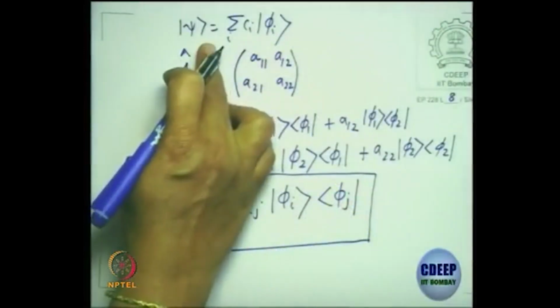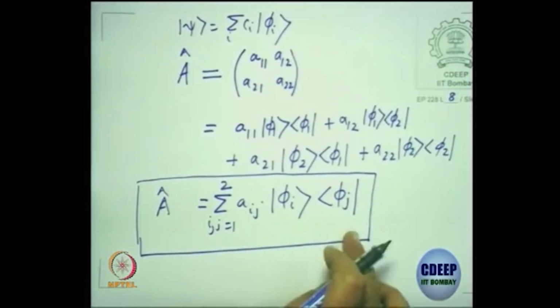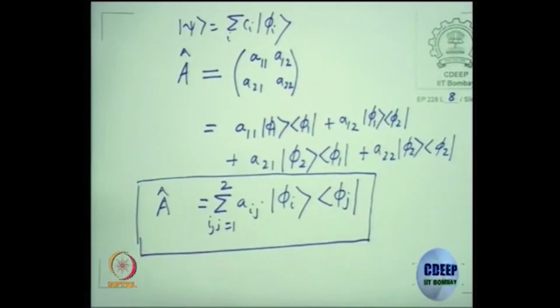So they can be given an operator in quantum mechanics, and they can be defined just like phi i, the basis for the states. The outer product will be the basis for the operators. How many will be there in n-dimensional vector space? N squared.